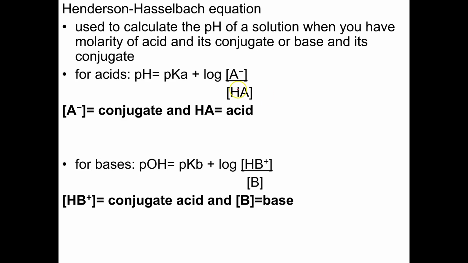If I'm trying to figure out the pH of a buffer scenario, which is typically what they do, they'll give you the Ka, and you'll be able to get these numbers somehow, then plug and chug and solve for it. This will save you an inordinate amount of time. So make sure you're comfortable using this, and we'll be practicing it, obviously.